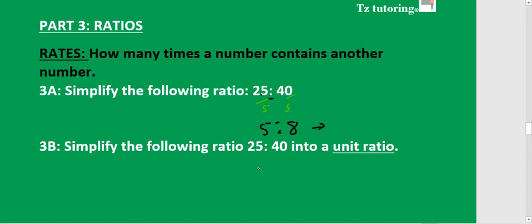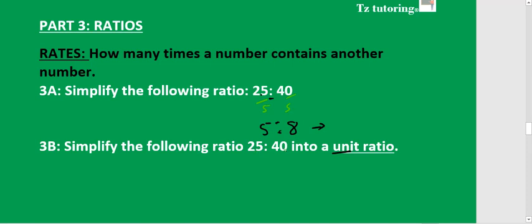All right, so for the next question, we're still simplifying a ratio, but now we must simplify this ratio to a unit. And we all know that unit means 1, okay? So we want the smallest side to be 1. How can we get a unit ratio? We need to divide both sides by the smaller of the two numbers.